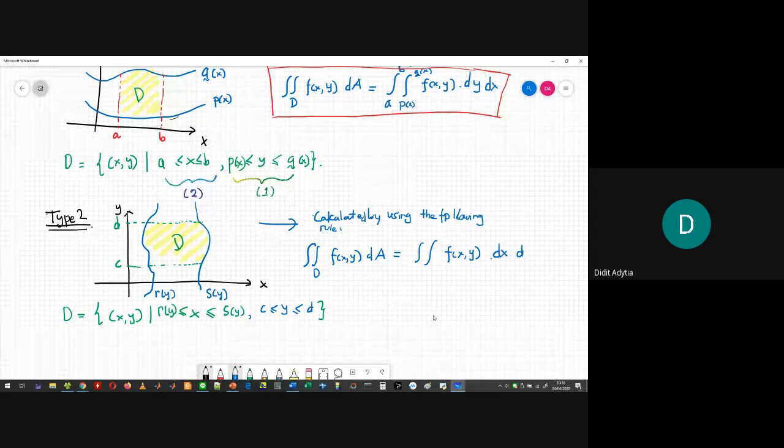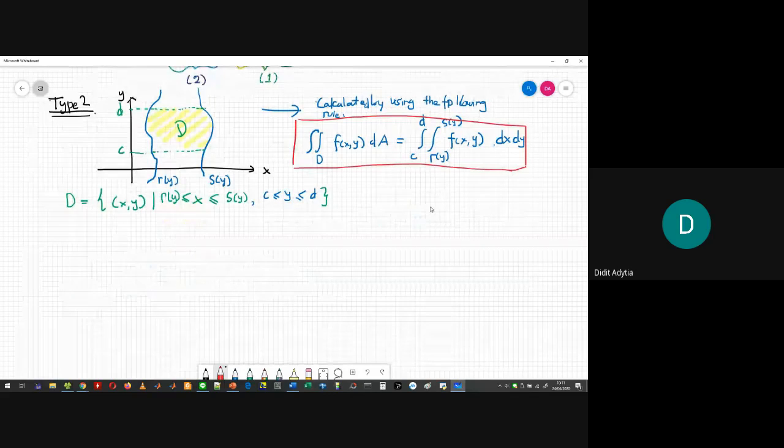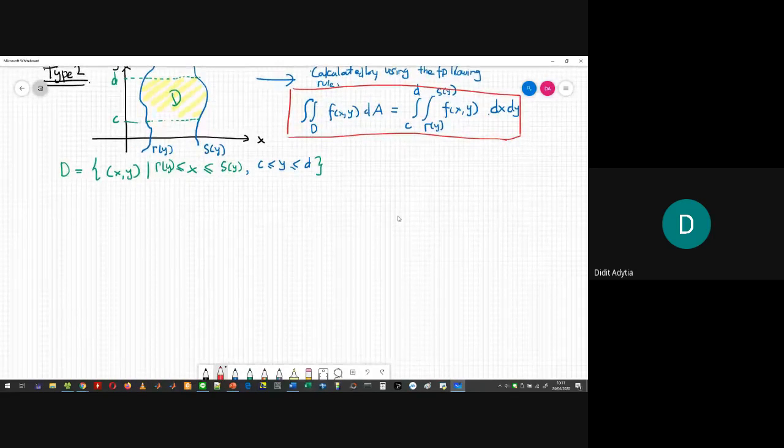And then the rest is dy. So dx is from r(y) up to s(y), and then y itself goes from c to d. So this is actually our integration rule order. Okay, so far it's understandable from your side.